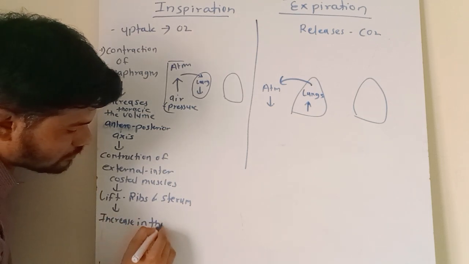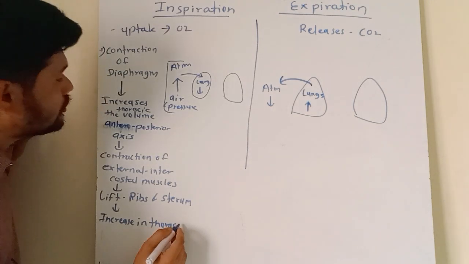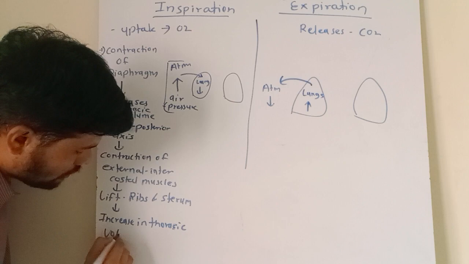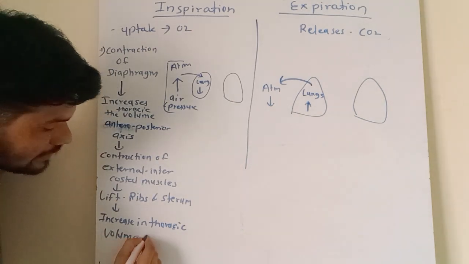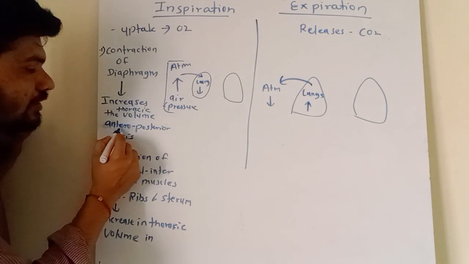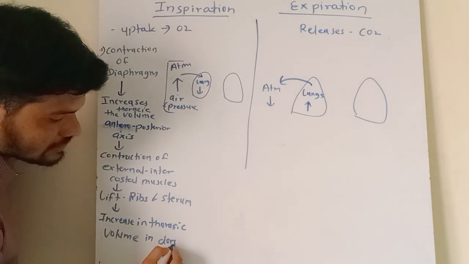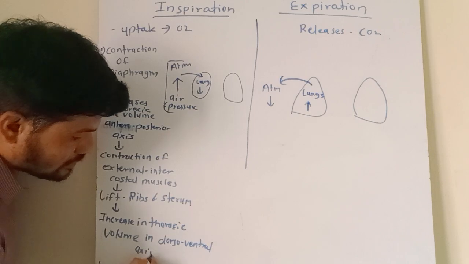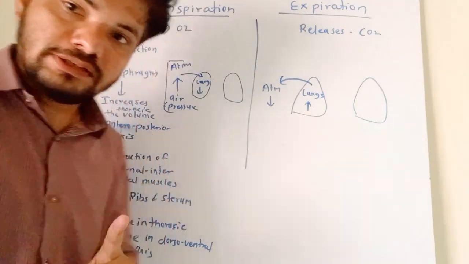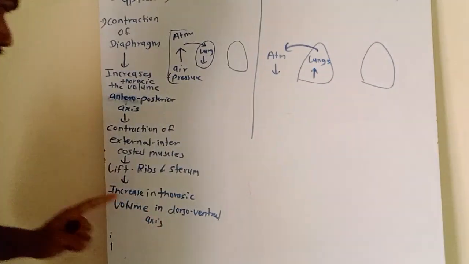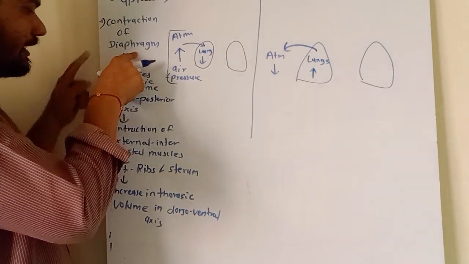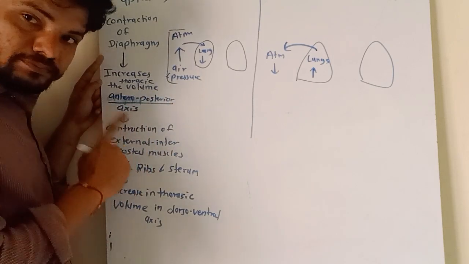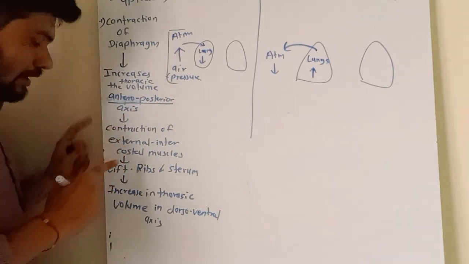But now you have to remember: this is the anteroposterior axis, and this is the dorsoventral axis. These two things you have to remember, guys. Whenever your diaphragm is contracting, thoracic volume is increasing by the anteroposterior axis.